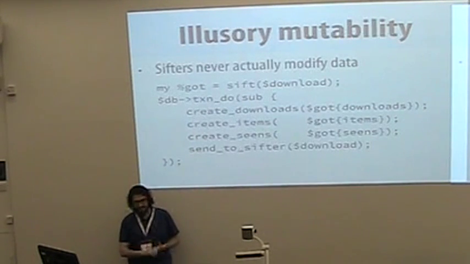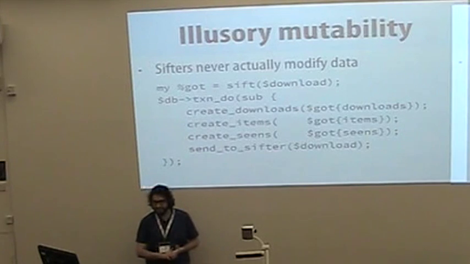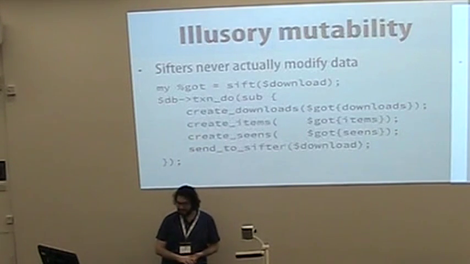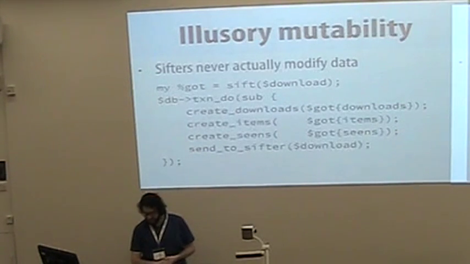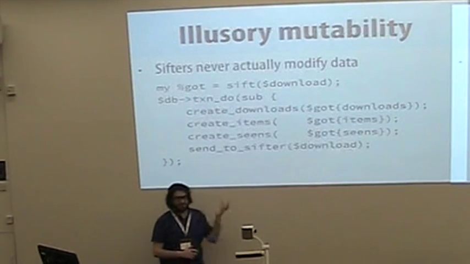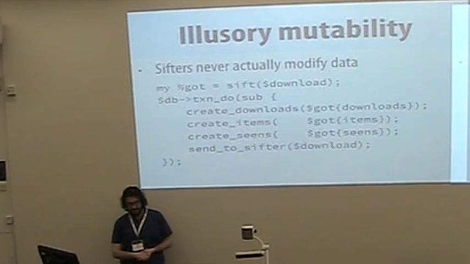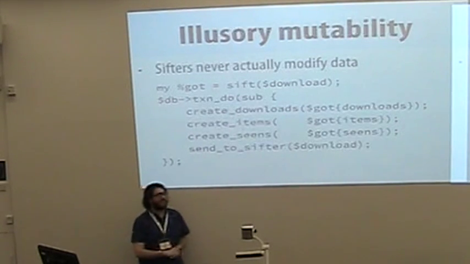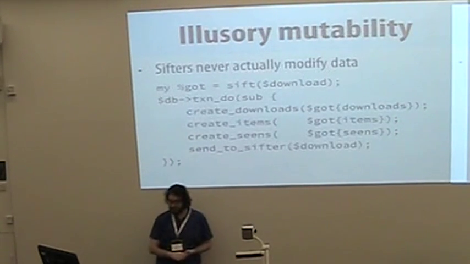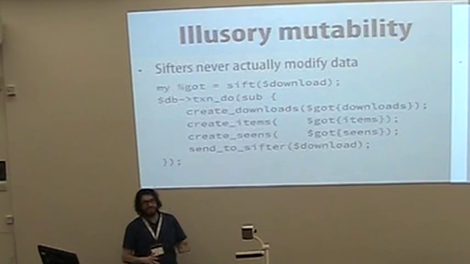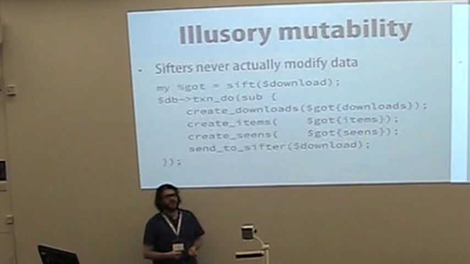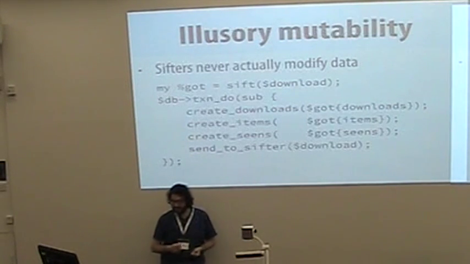So this is a very, very rough, very cut-down version of what that caller looks like. So we call the appropriate per-type sifter, that's this sift routine. We store its result in this hash %got, and then we use a nice conventional relational database to store all the data. And the rule is that the per-type sifters are allowed to read the database, they're never allowed to write to it.